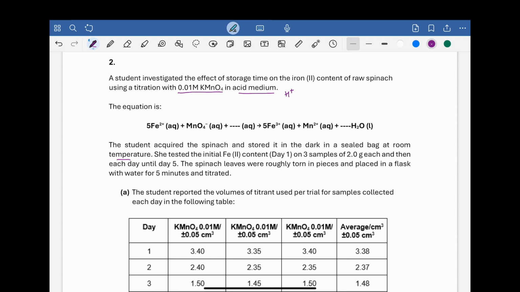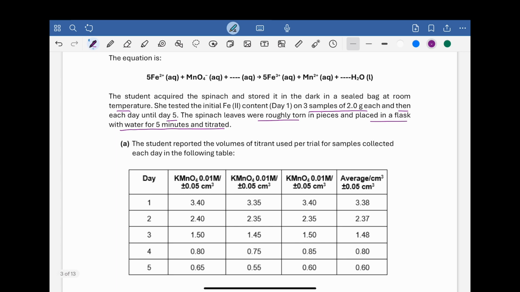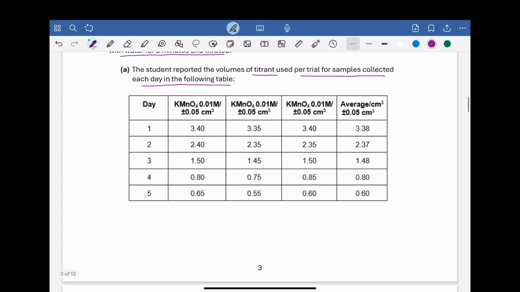She tested the initial iron 2 content on day 1 on 3 samples of 2.0 gram each, and then each day until day 5. The spinach leaves were roughly torn in pieces and placed in the flask with water for 5 minutes and then titrated. The student reported the volume of titrant used per trial for samples collected each day in the following table.